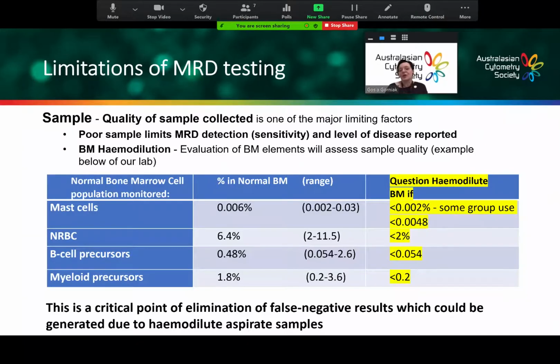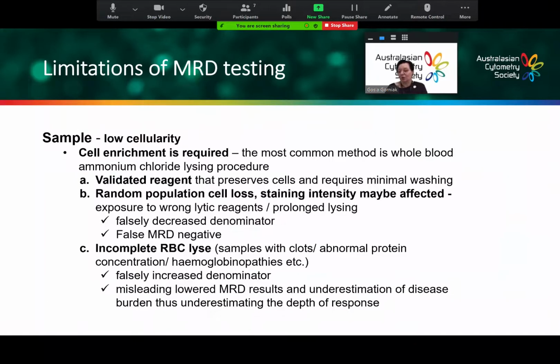The other thing which can be sample related is incomplete red blood cell lysing, and if you use the nucleated red blood cells as your denominator, this can be a major cause of falsely increasing your denominator. Therefore, you're actually reducing the percentage of your MRD detection, falsely giving the number for the burden of the disease and underestimating the depth of the response.